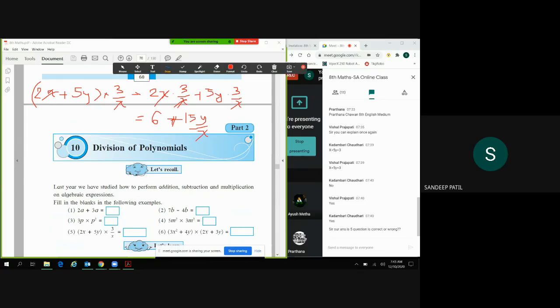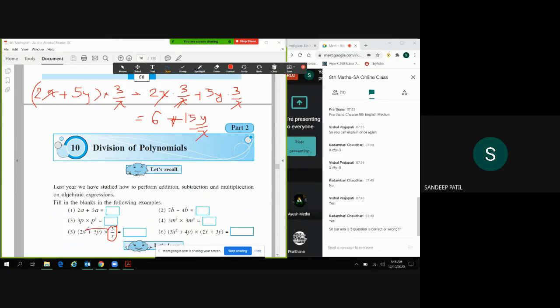Okay. Hopefully you could see this answer, right? And this is the way we have to carry out the multiplication. I'm not sure what method you followed for getting the answer, but this is 3 by x.